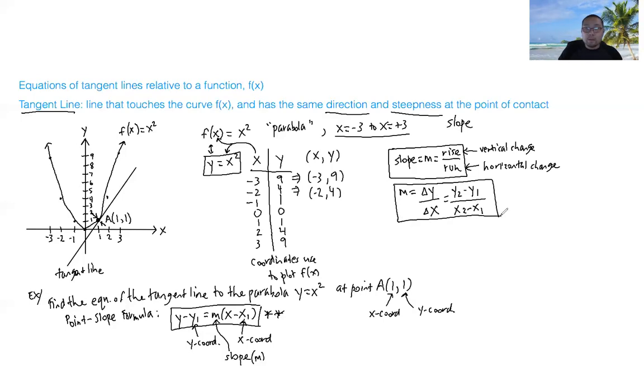So in concept, let's just say coordinate A defined by x1, y1, and you're going to have another coordinate called x2, y2. And let's say you wanted the slope of the line that connects the 2 points A and B. This is how you would calculate the slope, okay?